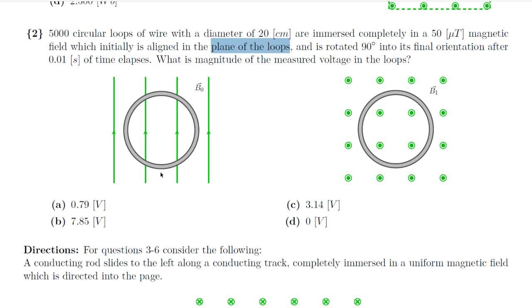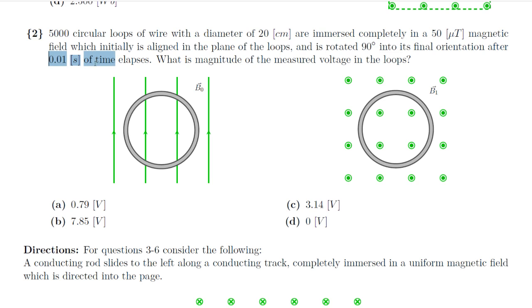You can see that here, the magnetic field points directly up in the first diagram, but the loop faces in or out of the page, which is perpendicular to that. Now, it's rotated 90 degrees into its final orientation, so that's what the second picture is for. Now the loop is oriented facing out of the page, and the magnetic field is out of the page, so they're aligned with each other in this case, whereas in the first case they were perpendicular to each other.